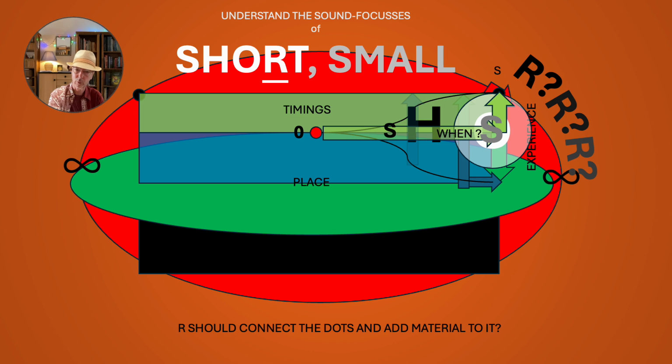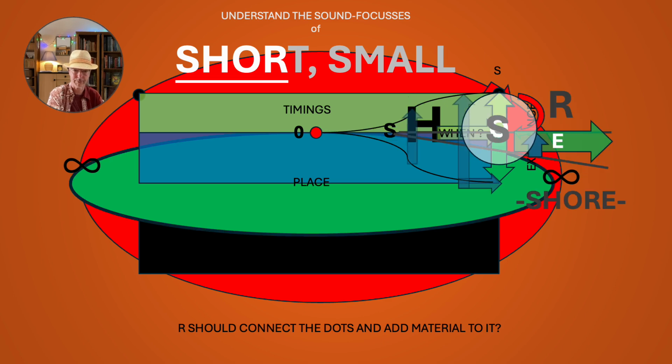So what it will connect to will be connected via the next letter, the letter R. The letter R should connect the dots to what it is connecting and should also add the correct material to it. So what shall it connect to? Of course, it will connect to the letters. The letters themselves are S, H, O, and R so far.